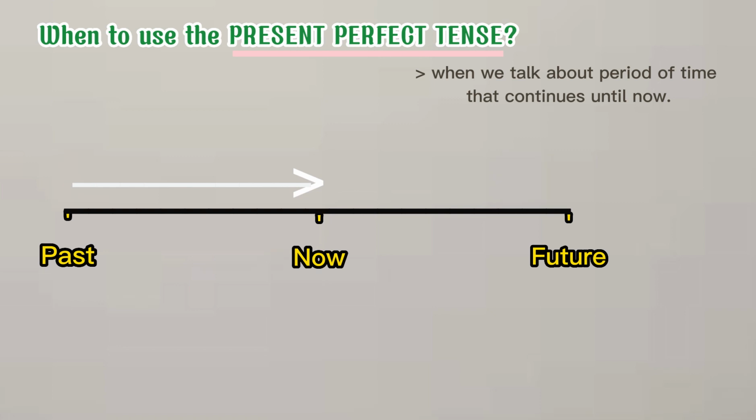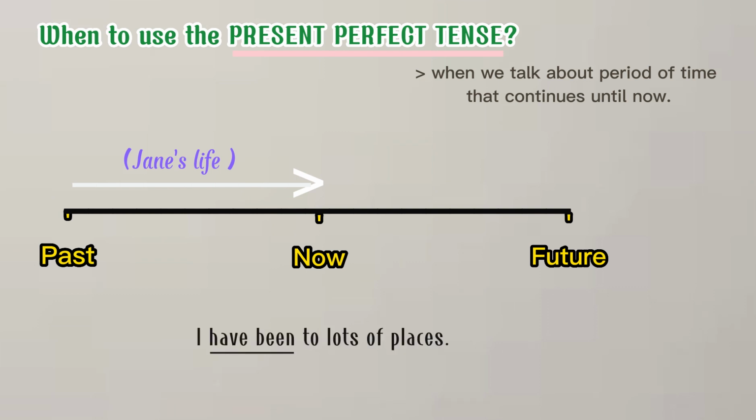So in the example conversation we had about Dave and Jane, they're talking about the places that Jane has visited in her life. Let's see in the timeline, for example, it's Jane's life. And she said, I have been to lots of places.